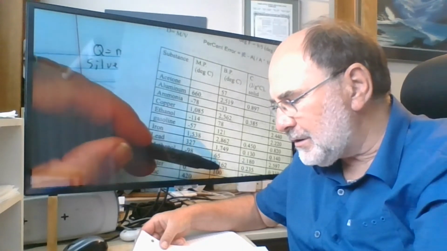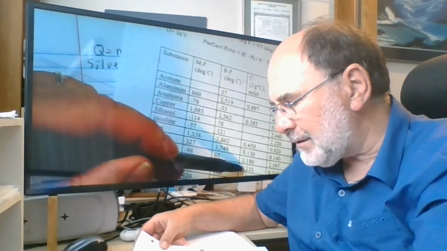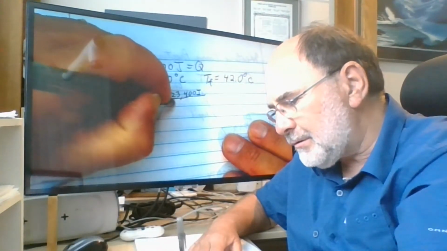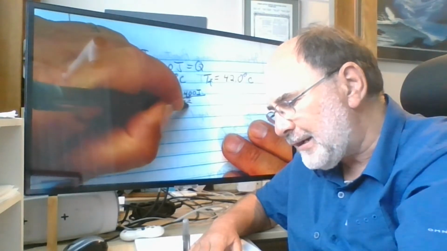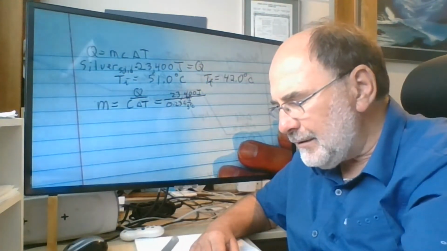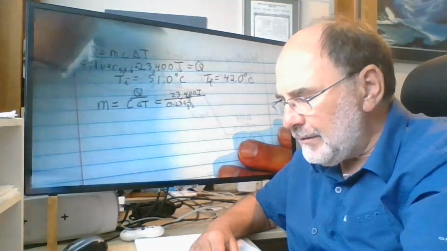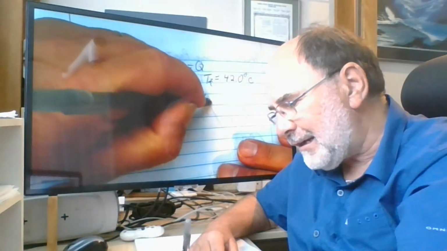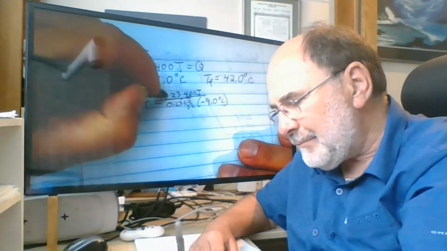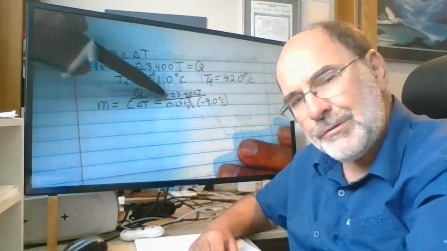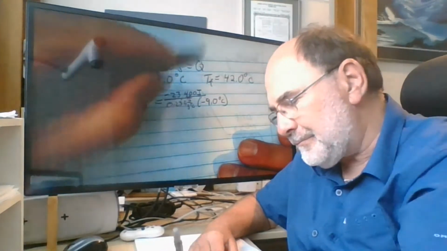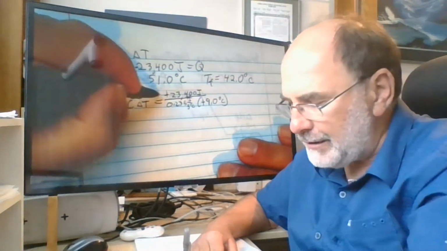And I'm going to use the specific heat of solid silver, which is 0.235 joules per gram per degree C. And the change in temperature, 42 degrees minus 51 degrees, is negative 9.0 degrees C. And since Q is also negative, a negative divided by negative, they're going to cancel out. That's why I'm too lazy to write it in the first place.